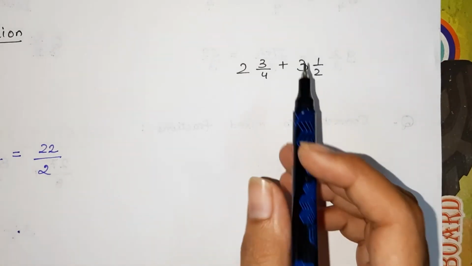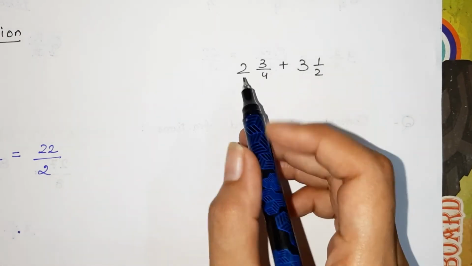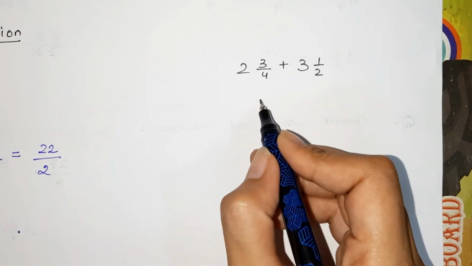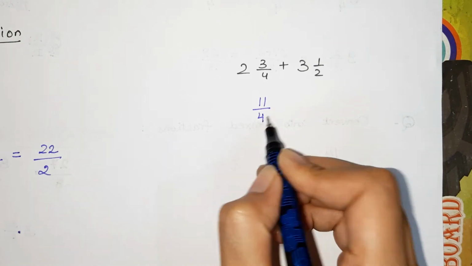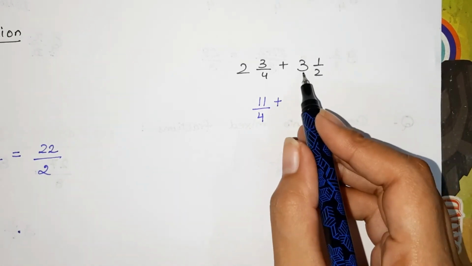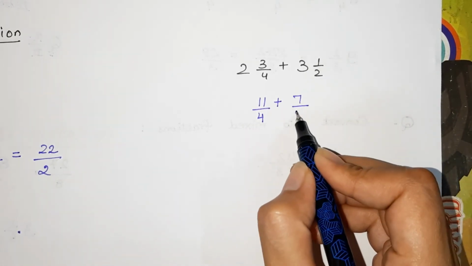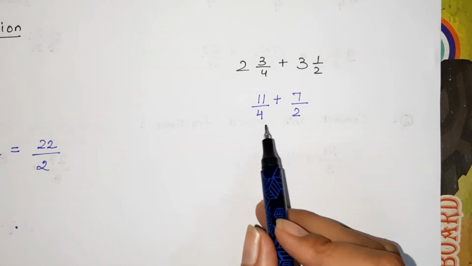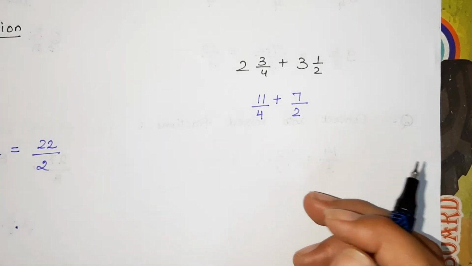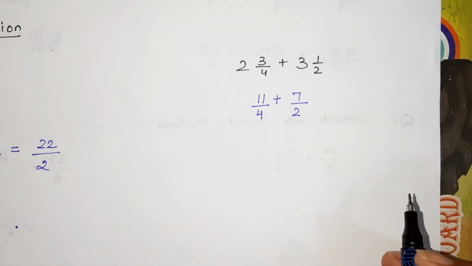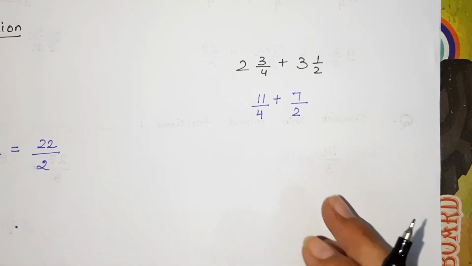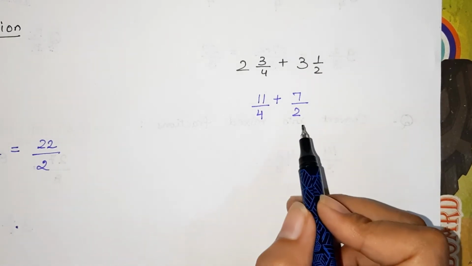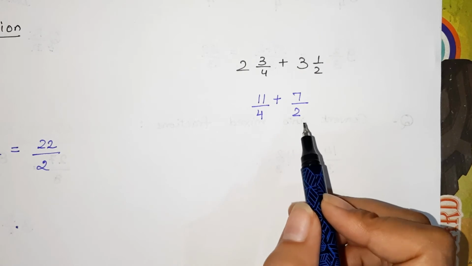Next one. 4 2s are 8, 8 plus 3, 11 by 4. 3 2s are 6, 7 by 2. In this, the denominator is not the same. These are unlike fractions, and in addition of unlike fractions, we have to make the denominator the same.